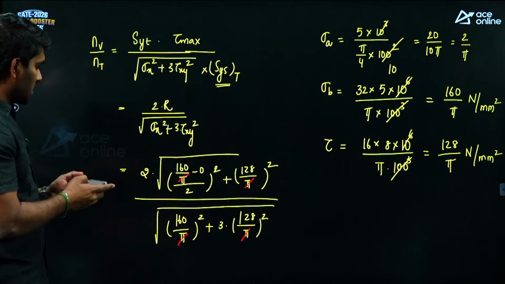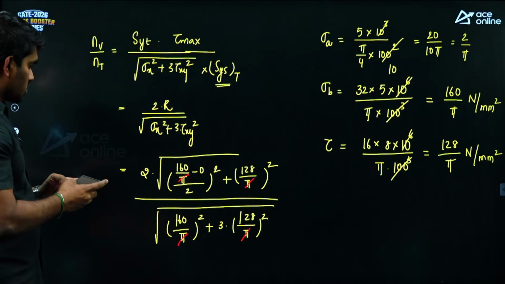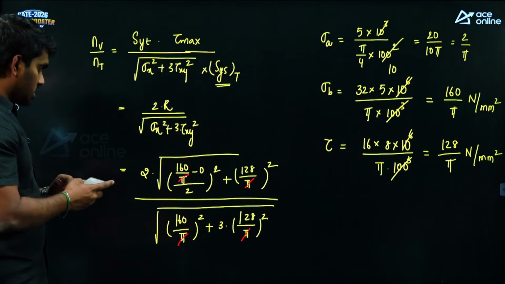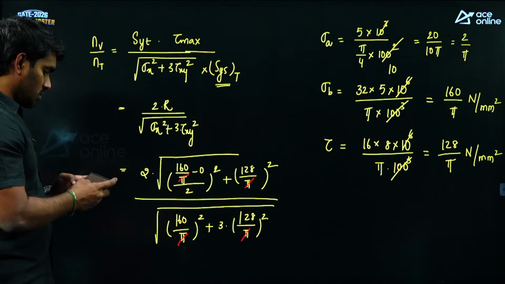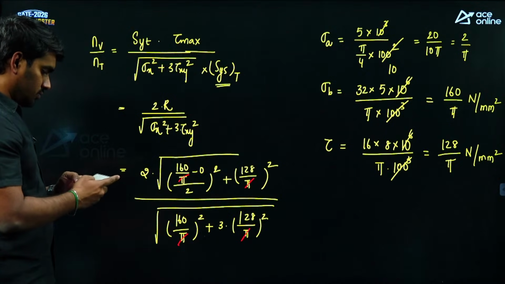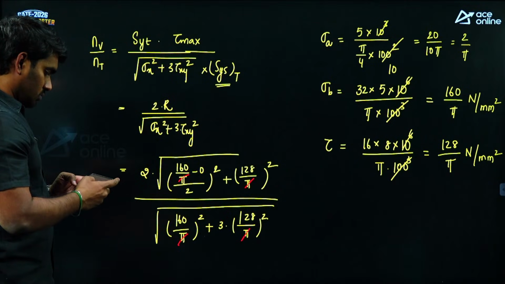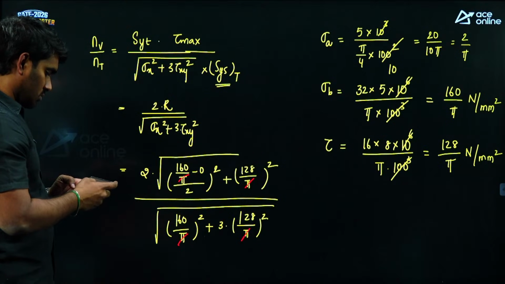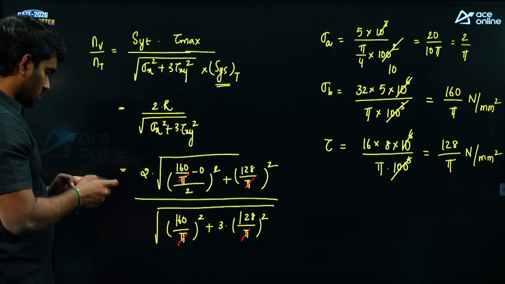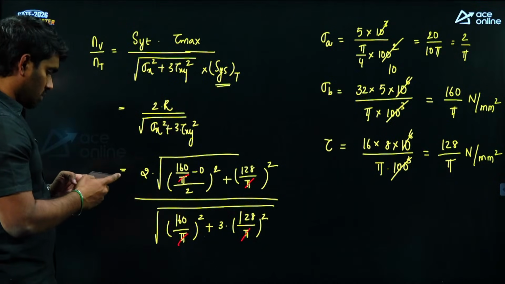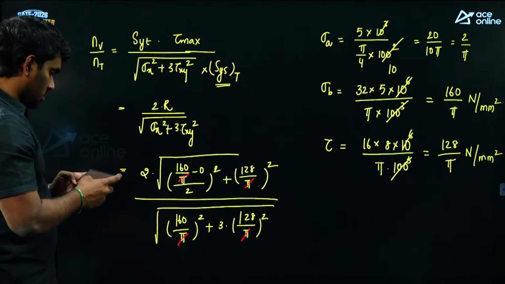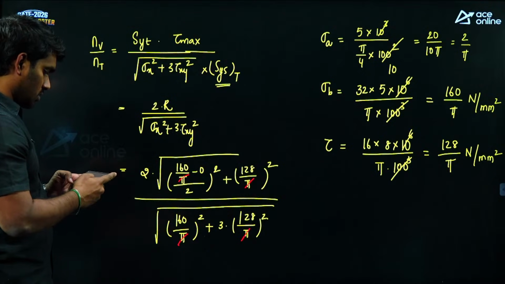We can remove this pi and let's see what answer we are going to get. If you solve this, it is 80 square plus 160 square plus 3 times 128 square.